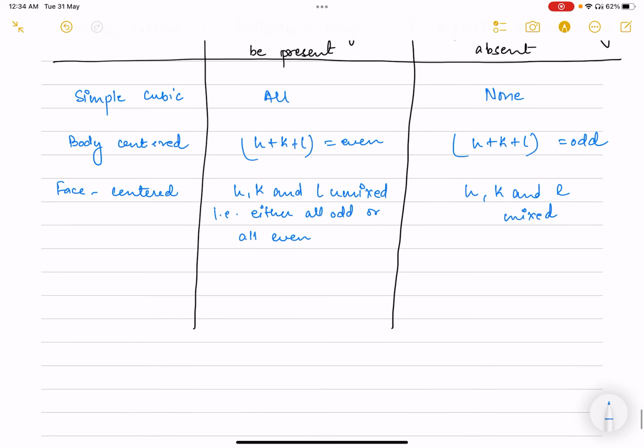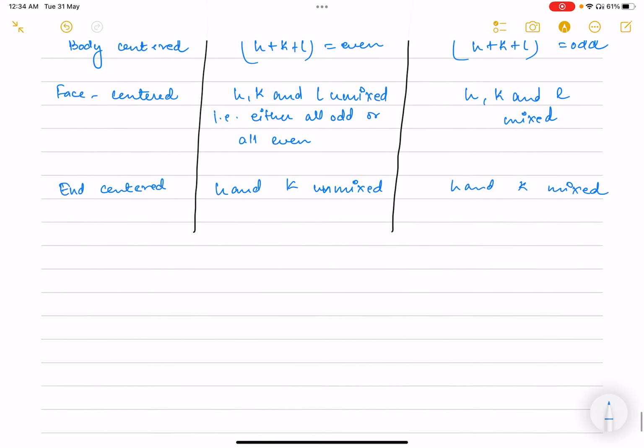Okay, and then we have end centered, where H and K unmixed may be present, whereas H and K mixed is necessarily absent, that is one odd and one even.